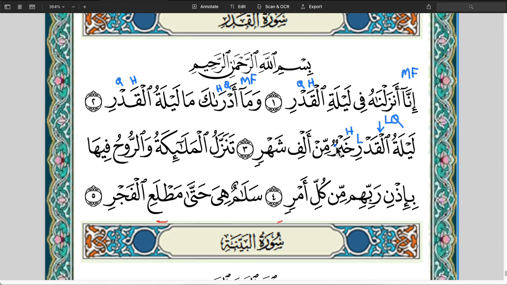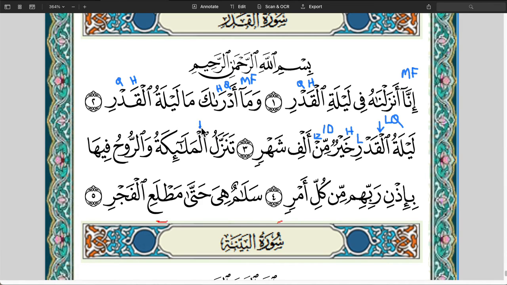We have a tanween followed by mim, so idgham. Min, we have a rule of idhar here. Alfi shahr.